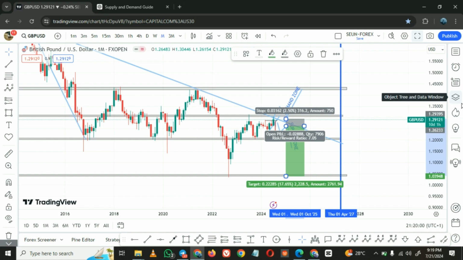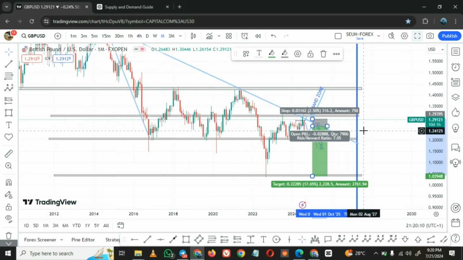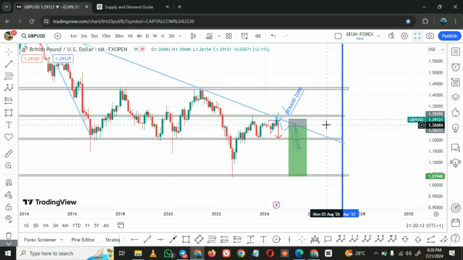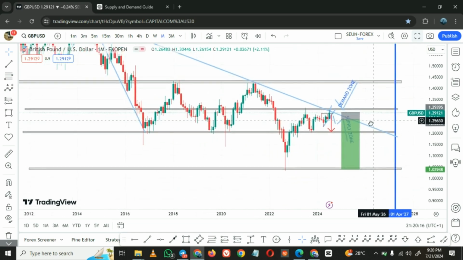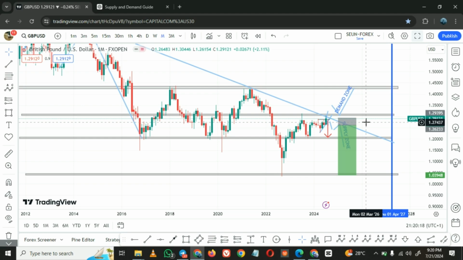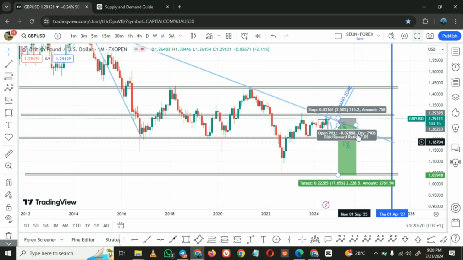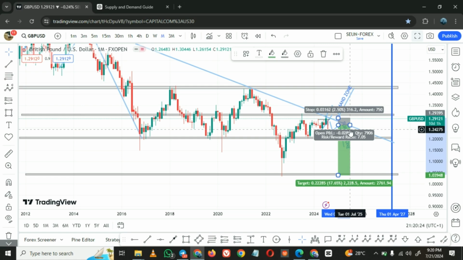GBP USD is about to drop 2,200 pips. You have seen it on my channel. Take it from me, 2,200 pips. So it's possible that from now to the end of this year, GBP USD is about to drop massively. Go into your chart and plot the key levels.